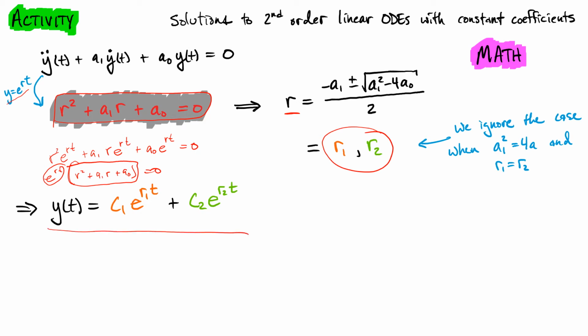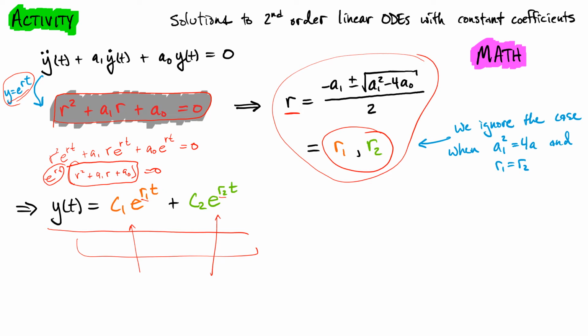So that means that, yes, y is equal to e to the rt is a solution, but specifically the complete solution looks like this, and it has two pieces, one where the exponent is specified by r1, one where the exponent is specified by r2. And r1 and r2 are related to a1 and a0 like this.